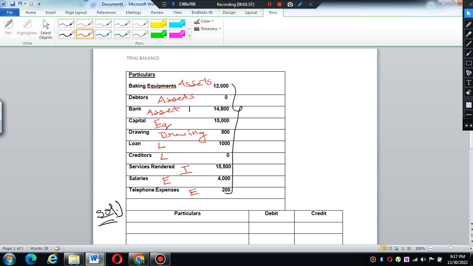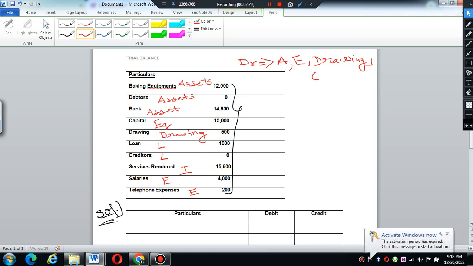The rule says that in the trial balance, whatever comes on the debit side is your assets, your expenses and your drawings. That's very simple. Assets, expenses and drawing will be on the debit side, everything else on the credit side.